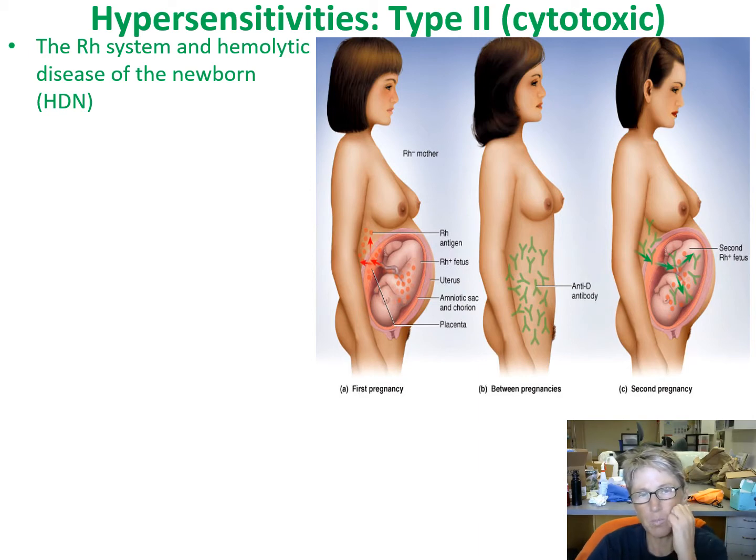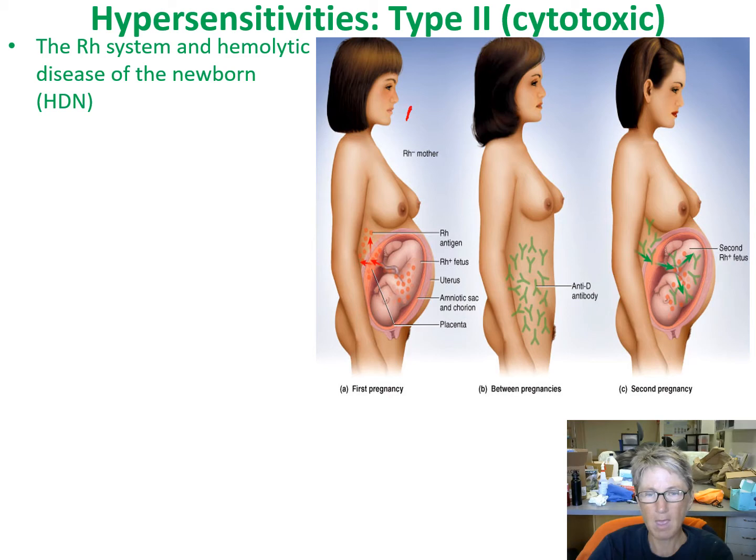So here's where we bring in the RH factor. The RH factor is called the D antigen. You may already know your blood type.